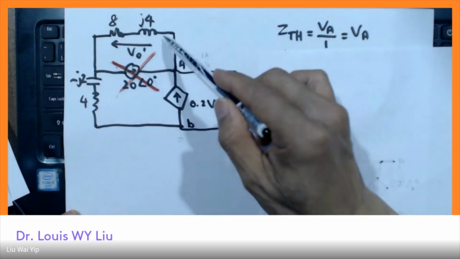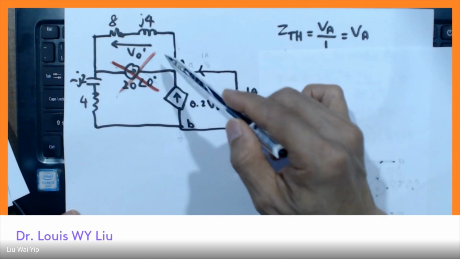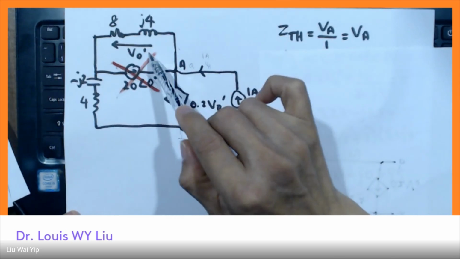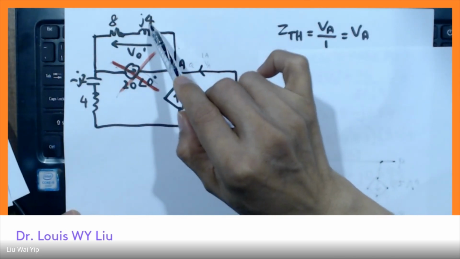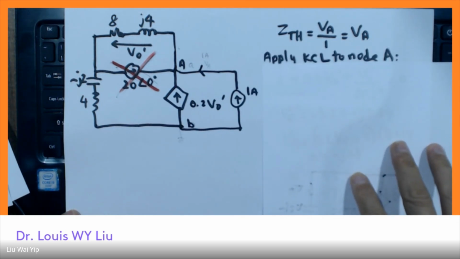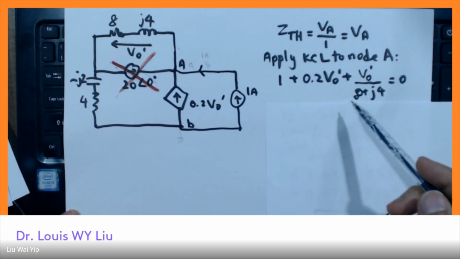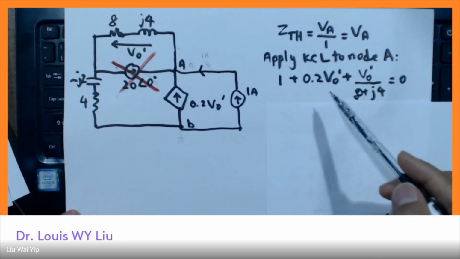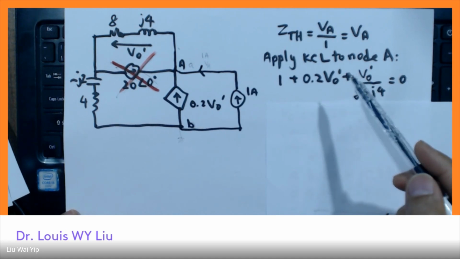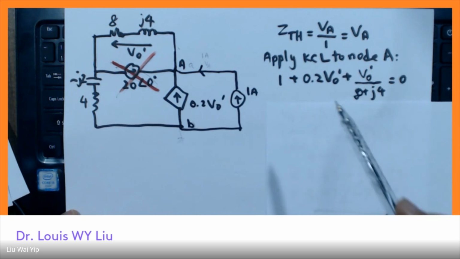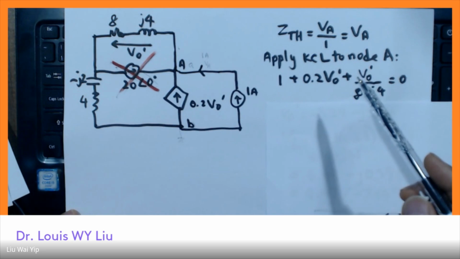And this current is equal to V0 pound divided by 4 plus j4. So we have got one equation. With one equation, we shouldn't have any problem of finding the unknown. We have only one unknown. One unknown, one equation. This should be enough.